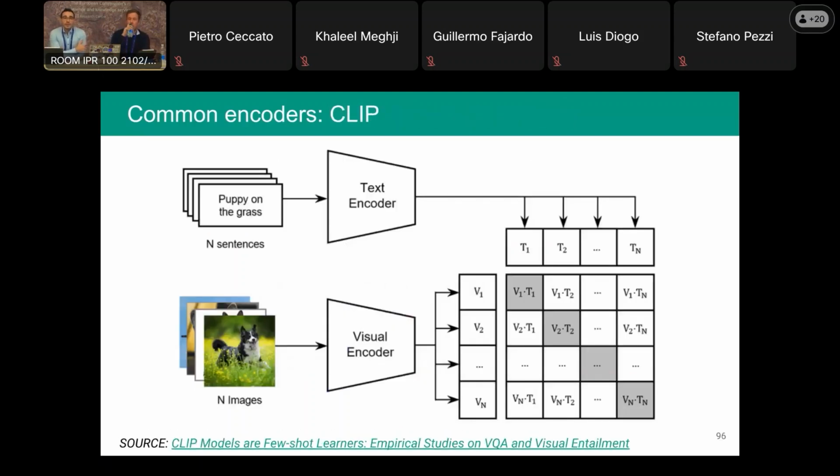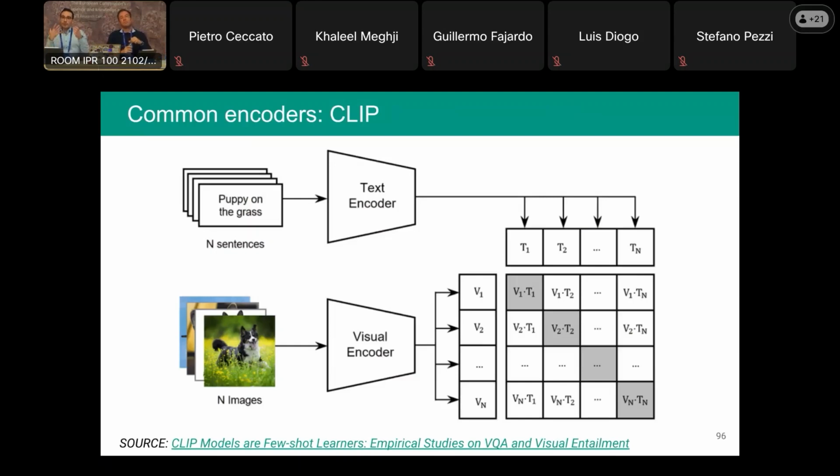Now the last one is if we want to mix information that is in the image space with the text space. So you've most probably seen a lot of promptable tasks where you specify with text what you want for the output. For instance, let's say I want to segment the puppy on the grass there, and I want to input that as text, and the network needs to know that it needs to draw a mask around just the dog that is there.